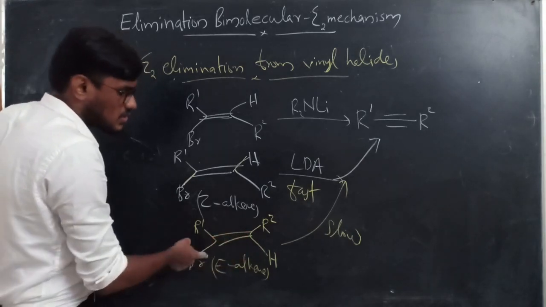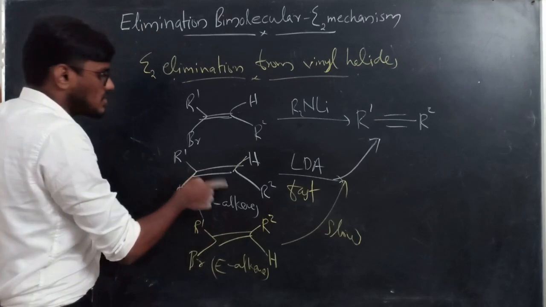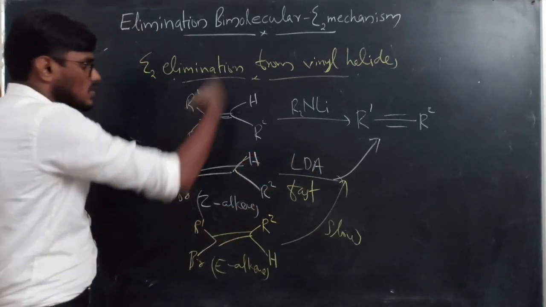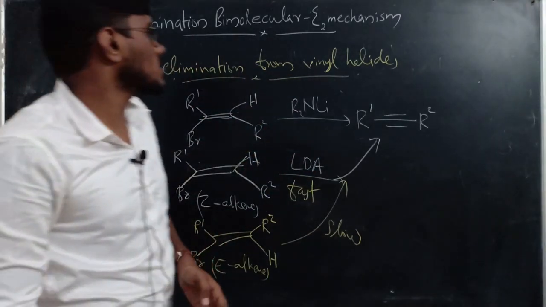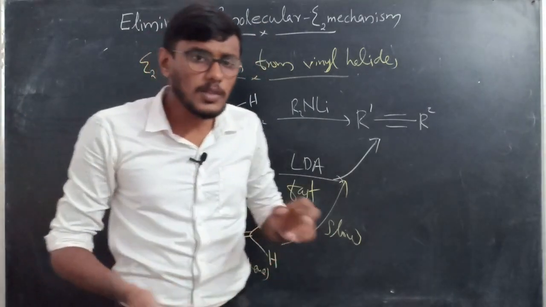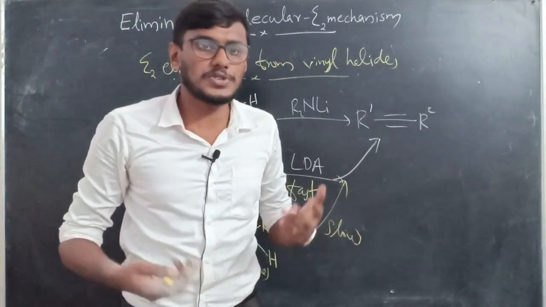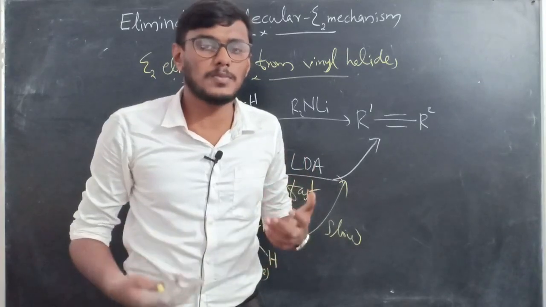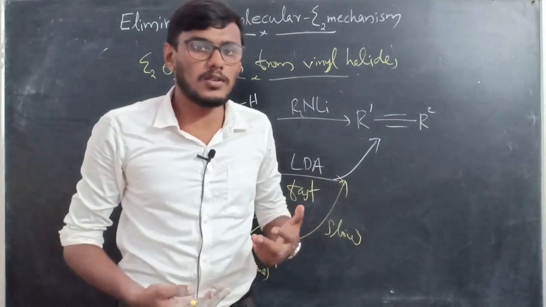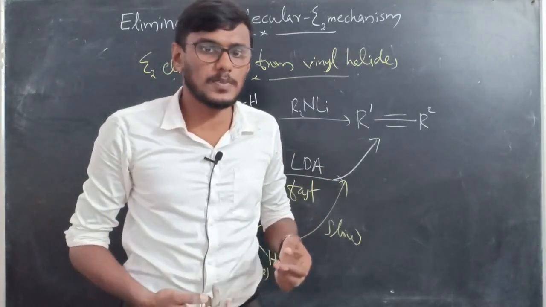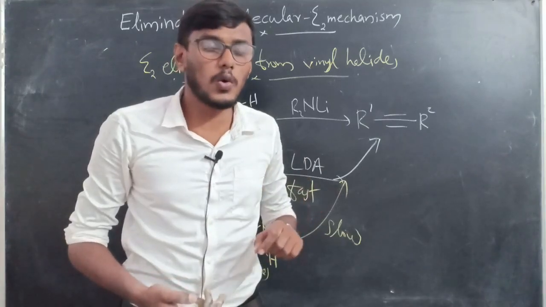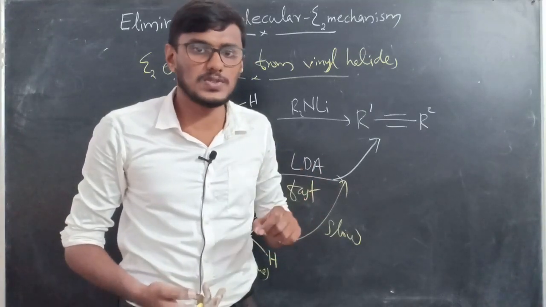So here syn elimination takes place, a slow reaction, and there anti-elimination takes place, the fast reaction. This is the E2 elimination from vinyl halides. This is all about the stereochemistry and mechanism, then examples of E2 elimination reactions. So we can now conclude E2 reactions. Thank you.